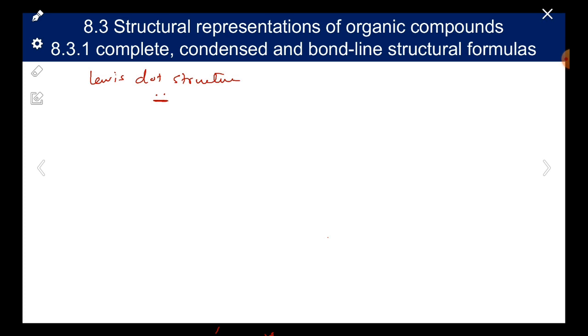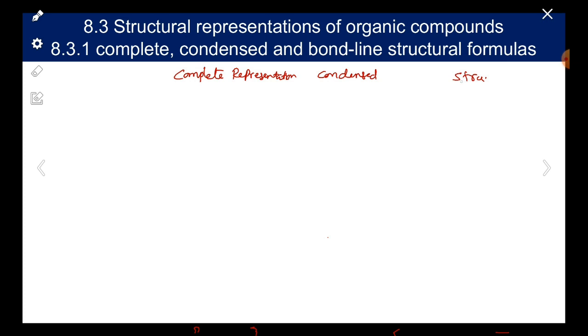Okay, so there are three types of structural representations. First one is complete representation. Second one is condensed representation. Third one is structural formula.